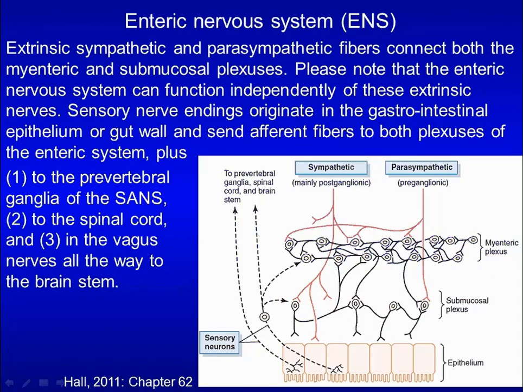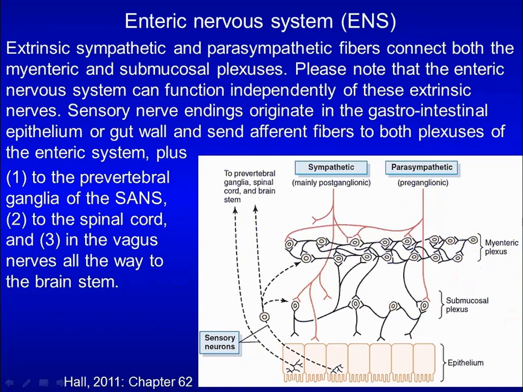Here is the enteric nervous system. Sympathetic and parasympathetic fibers connect both the enteric and submucosal plexuses, although the enteric nervous system can function independently of these extrinsic nerves.